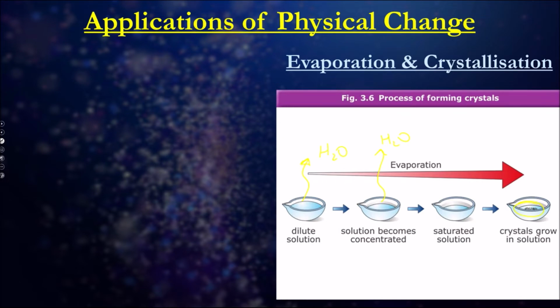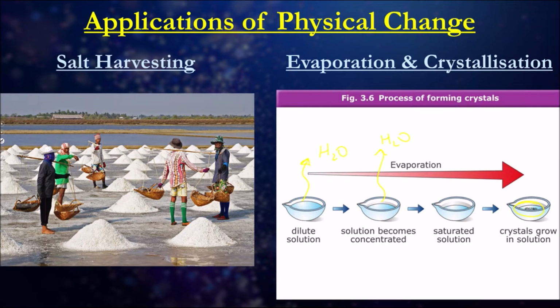And where do they use this? Salt harvesting. In salt harvesting, they get a lot of salty water and put it on the plane, and they allow the water to naturally evaporate from the surface, and over periods of time what you're left with is just plain solid salt or crystal salt.